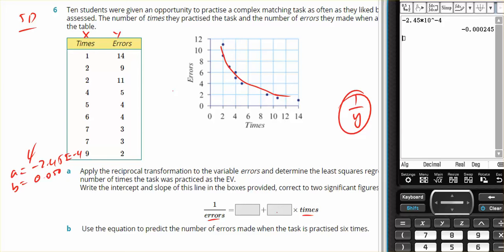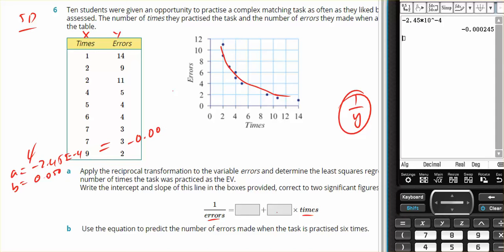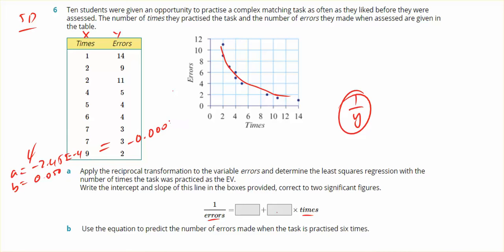So it's negative 0.000245. Is it 3 zeros? Yep, 3 zeros, 245. Okay, so my a value, I don't have space to write down, it's negative 0.000245, and my b value is 0.050.